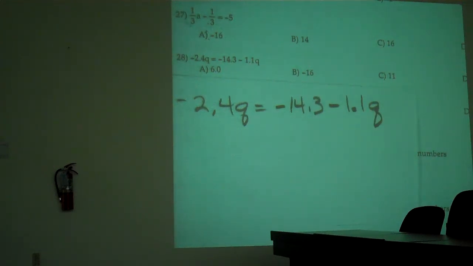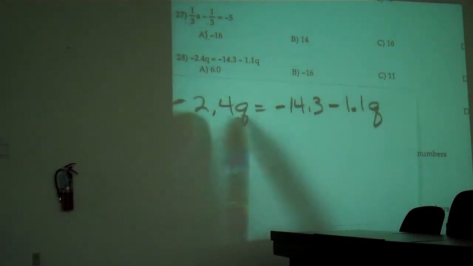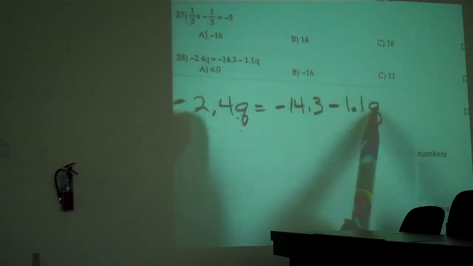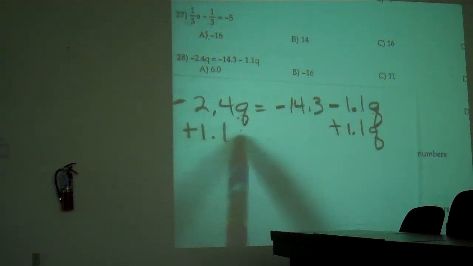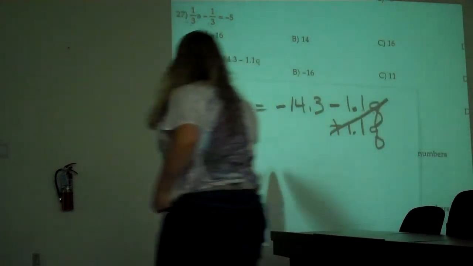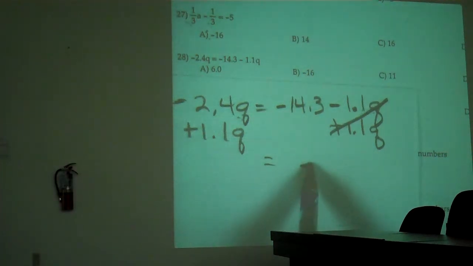So which side do we want our variable on? Okay. Since we already have just that here, let's not take it over there and leave 0 here. Let's go ahead and bring this one, the 1.1, to this side. That way we still have a number on one side and a variable on one side.